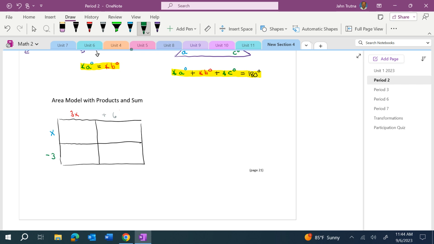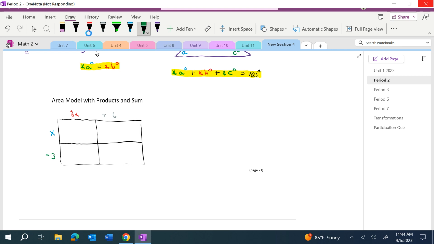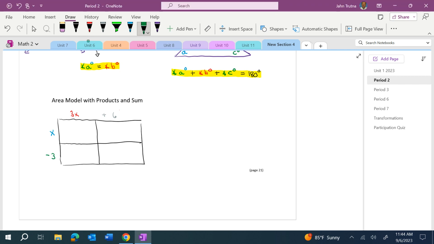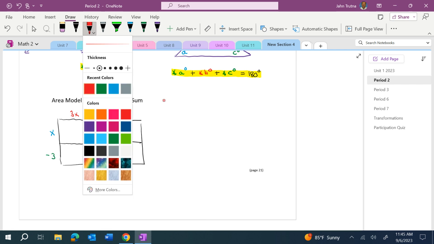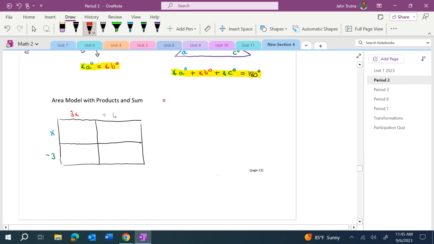Okay, so let's go ahead and find the area of each individual rectangle one by one, starting with the top left rectangle. So I'm going to multiply the length, 3x, with its width, which is x. And recall that 3x multiplied with x is 3x to the second power, or 3x squared.